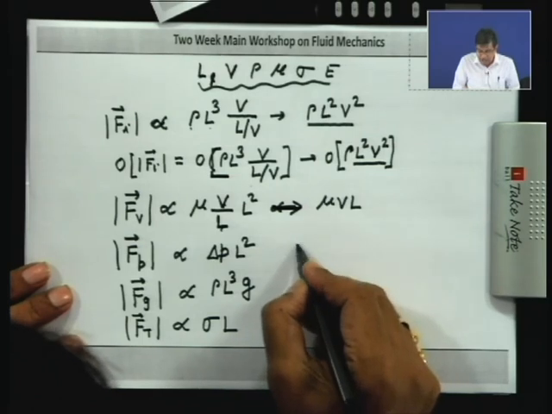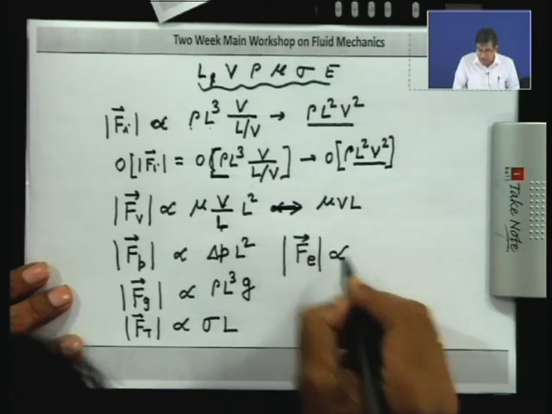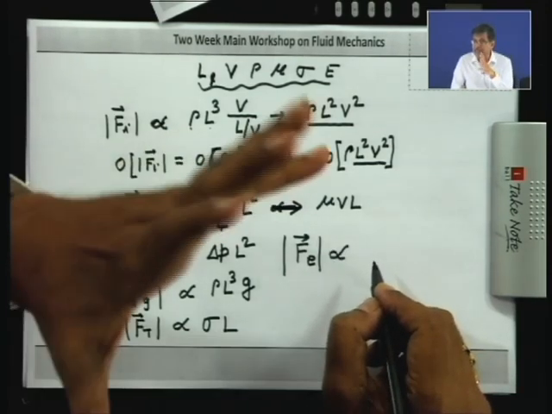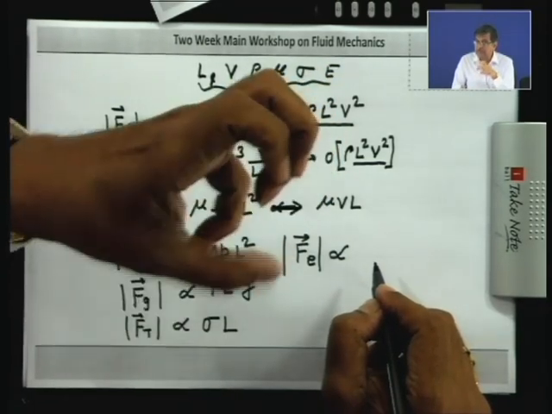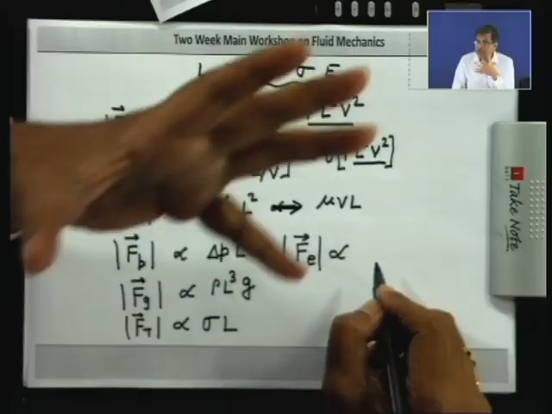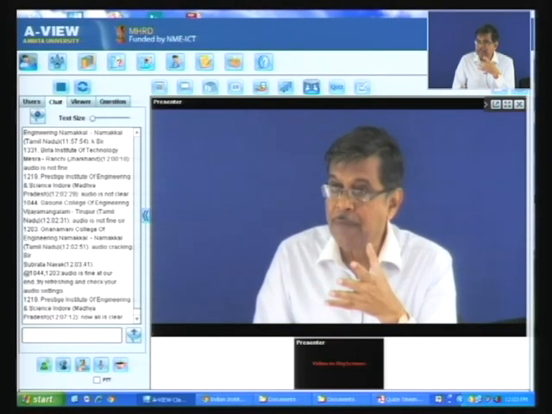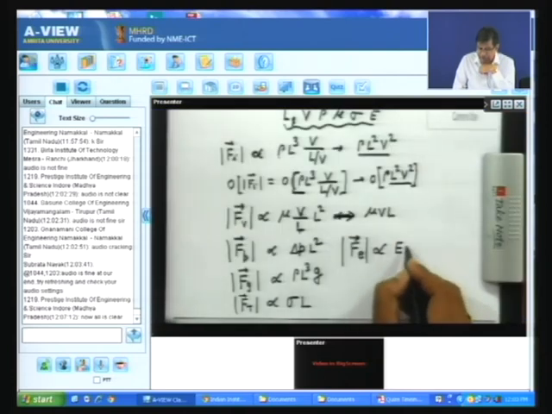Similarly, we can express the compressibility force also. The representative magnitude is proportional to what? The pressure difference due to its elastic nature, which is manifested in its bulk modulus of elasticity. That means the change in the volume because of the change in the pressure depends upon the elastic nature. So, the change in pressure in this case is proportional to the modulus of elasticity times L square.